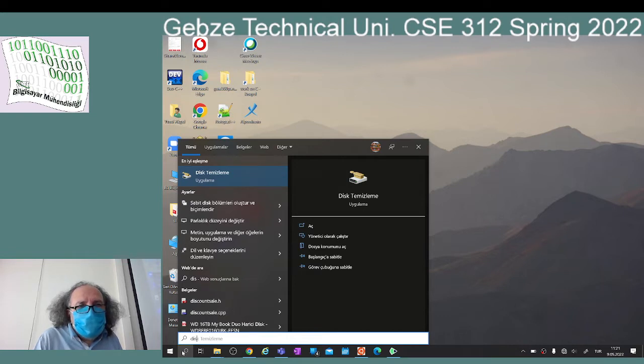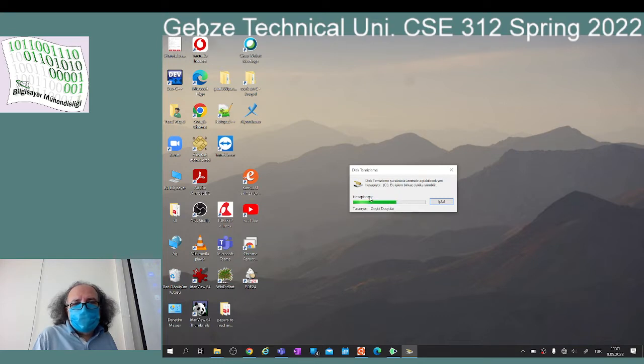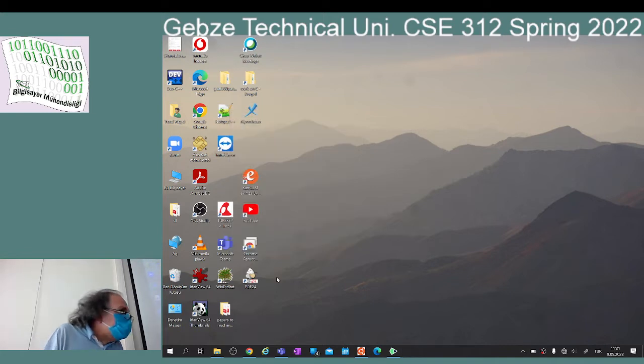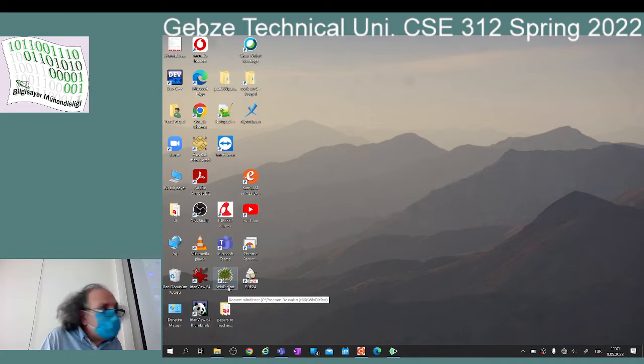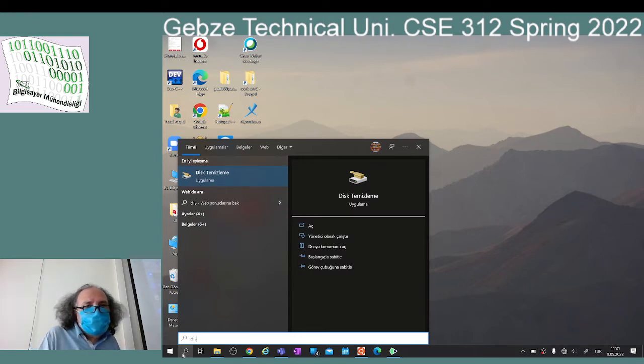That utility gave me all the parameters of my disk. No, it's not giving me anything. The second one was in the search. Second row? Which one? This one? When you searched. When I make a search, yes. When I say disk, which one?